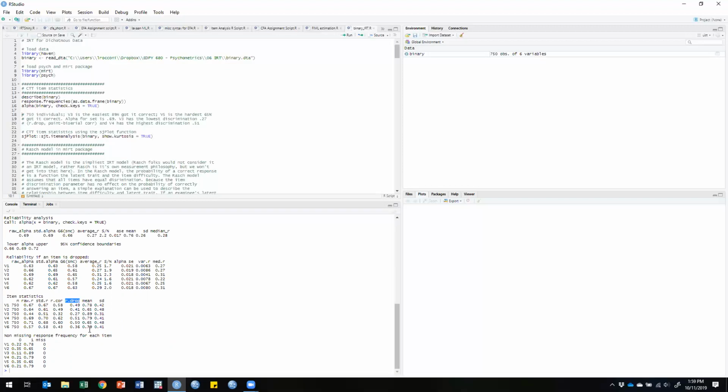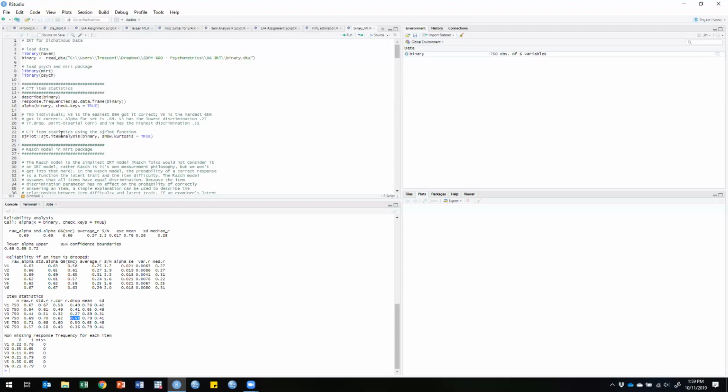So it's the corrected point biserial correlation. The r.cor here would be where that item is included in the total score. But this also gives us an idea of the item discrimination. We can see question 3 has the lowest discrimination, and question 4 has the highest discrimination.